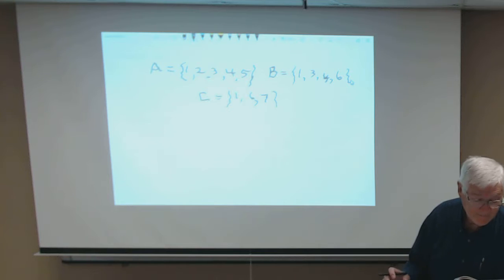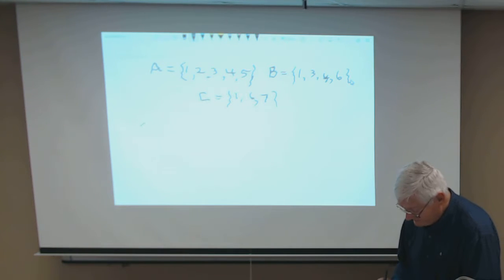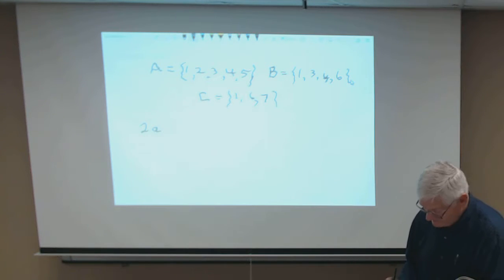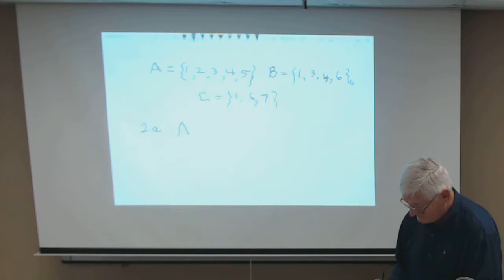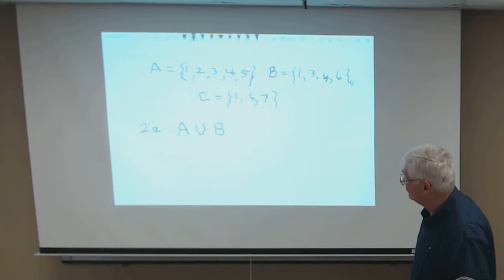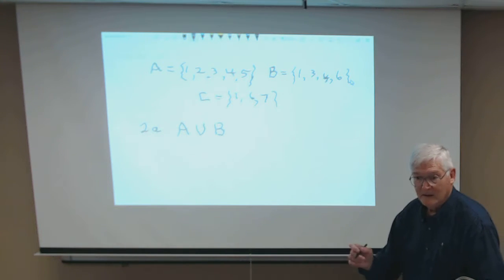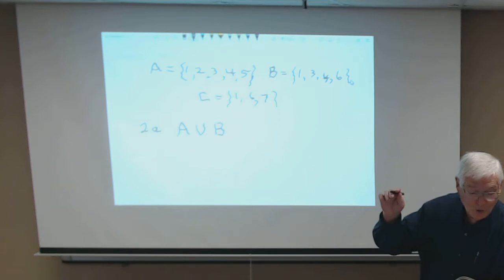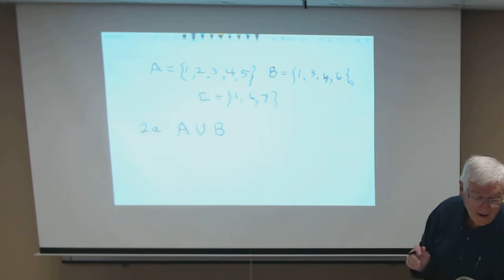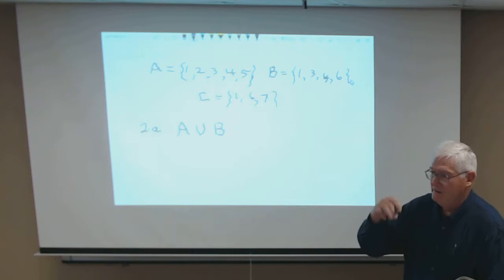Find the following. Exercise 2.2, problem A. What does 2A say? A ∪ B. And that means union. U for union.